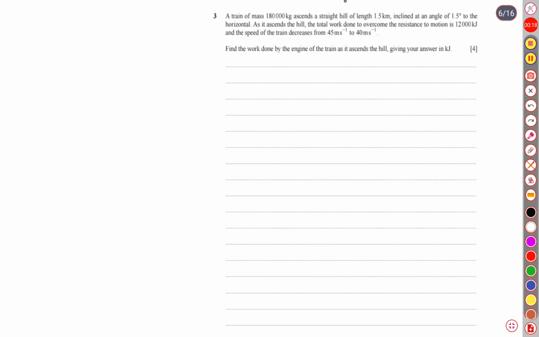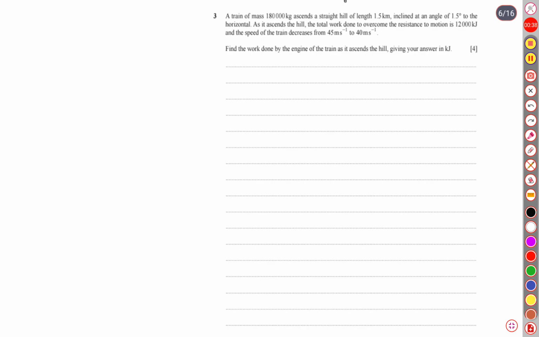Let's read the question. Question number 3, which says a train of mass 180,000 kg ascends a straight hill of length 1.5 kilometer, inclined at an angle of 1.5 degree to the horizontal.